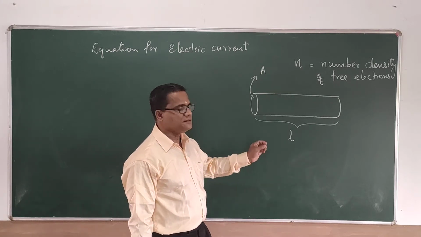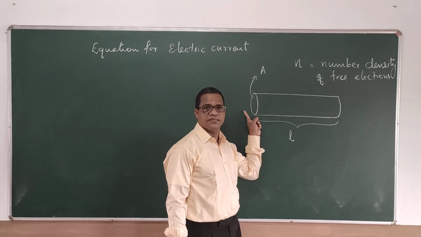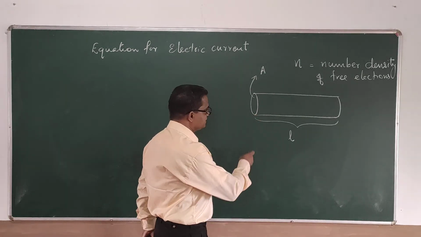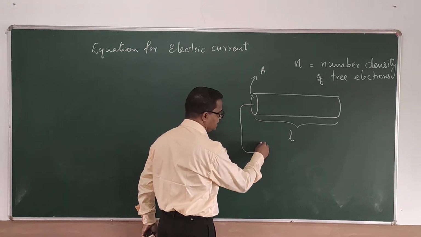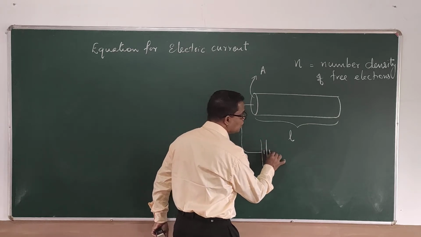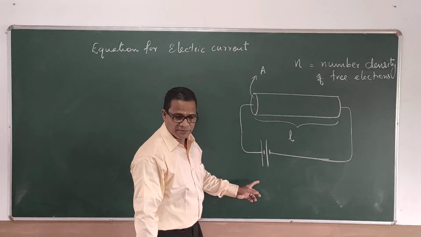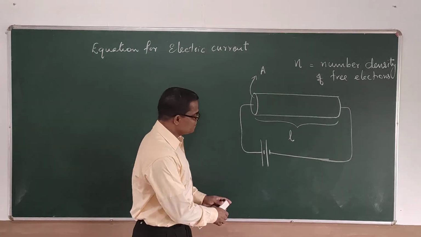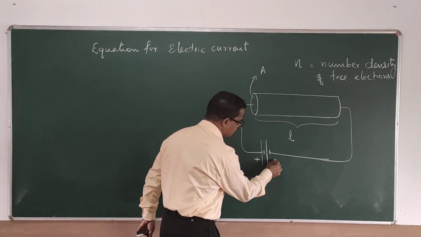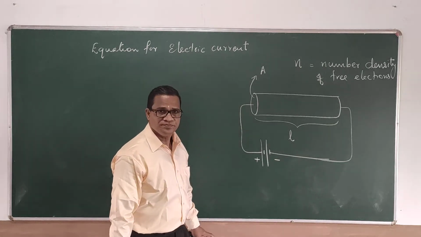Now, to produce electric current in this conductor, we will be connecting this conductor with a source of electricity, I mean a battery. This battery has positive over here and negative over here.